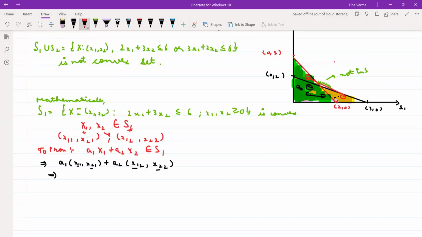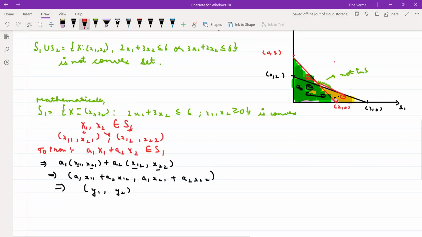If you use the addition, you will get a1 X11 plus a2 X12. The first coordinates are added in the first, and the second coordinates in the second. So it is of the type number, and I can say this is y1 and y2.